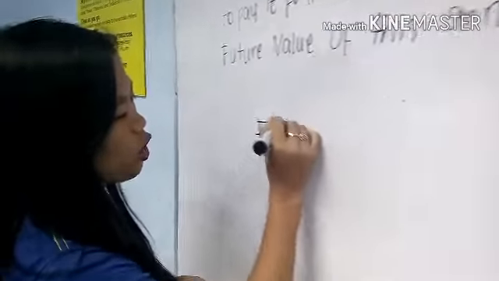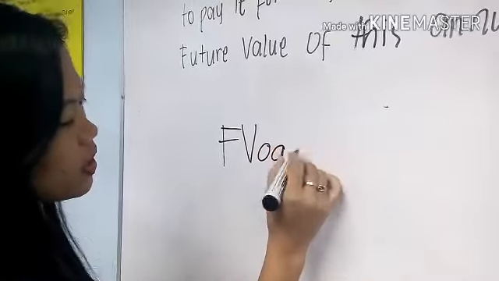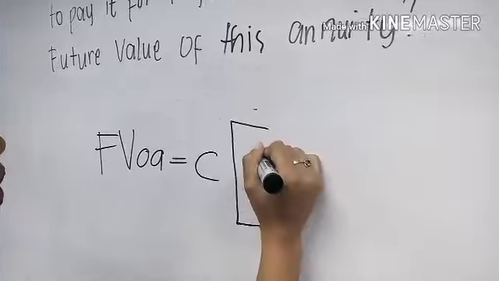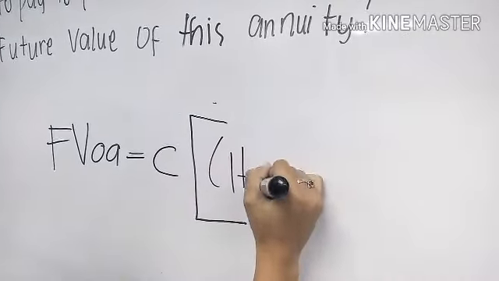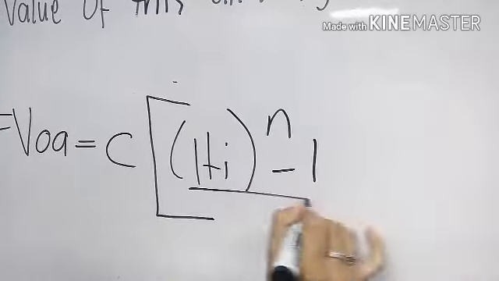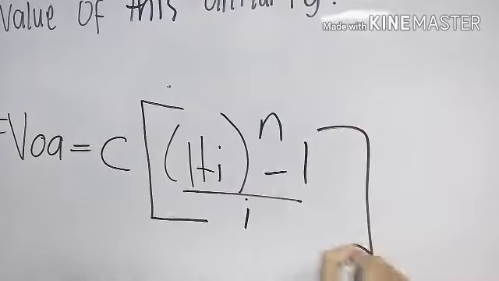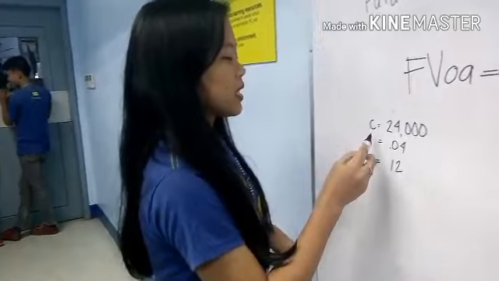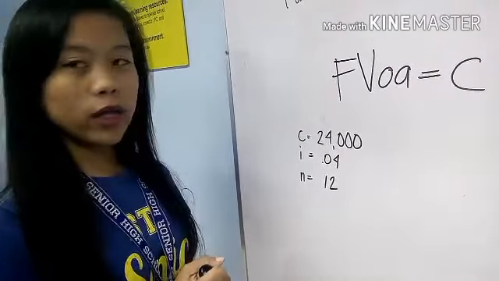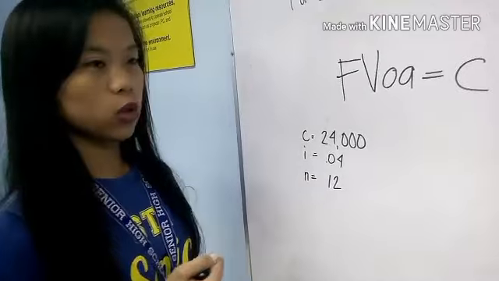Then, for the future value of ordinary annuity, the future value of ordinary annuity is equal to C quantity (1 plus I) raised to n minus 1 over I. C is equal to 24,000, I is equal to 0.04, and n is equal to 12.